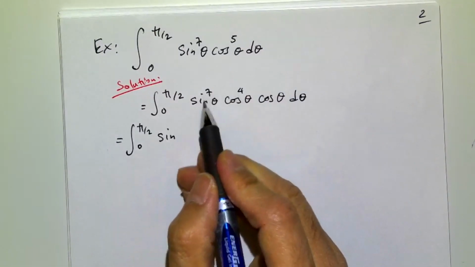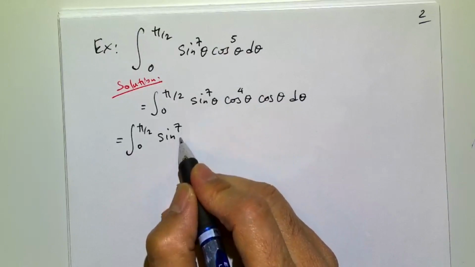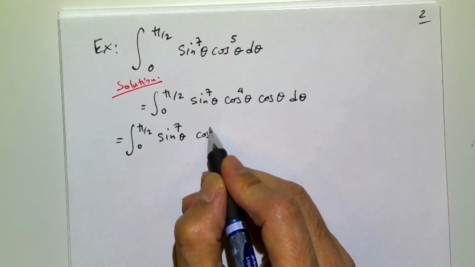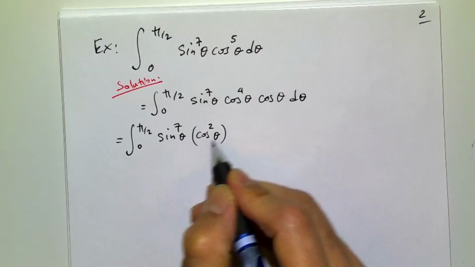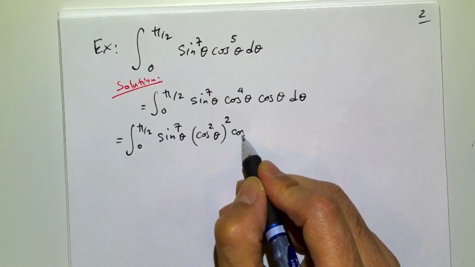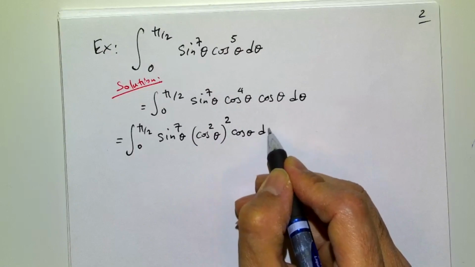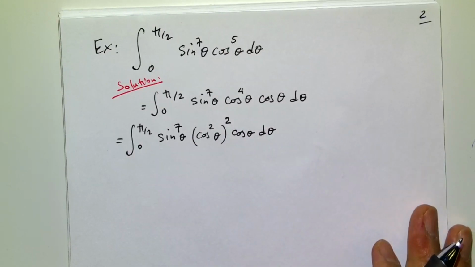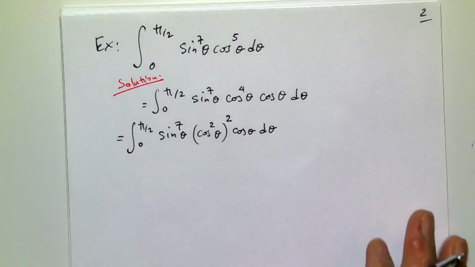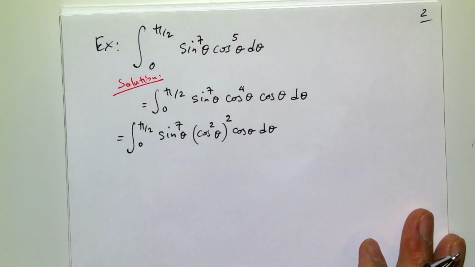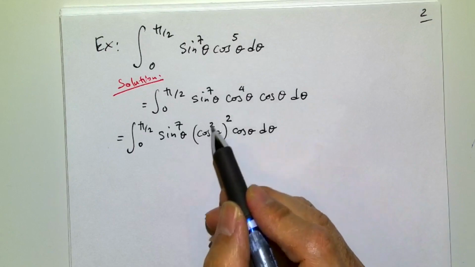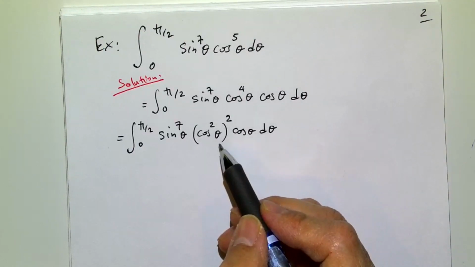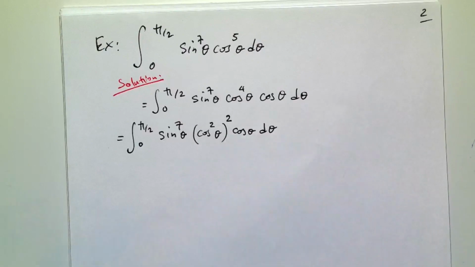So we have cosine squared theta, squared, times cosine theta d theta. So far we've just been rearranging these terms as prescribed in this technique. Then we know that cosine squared theta is equal to 1 minus sine squared theta. Again, we know that from trigonometry.